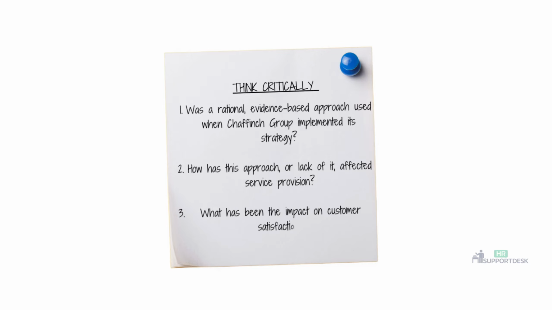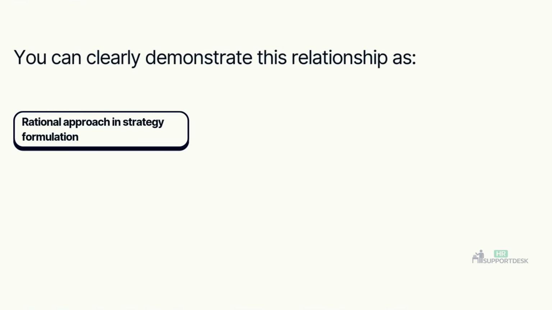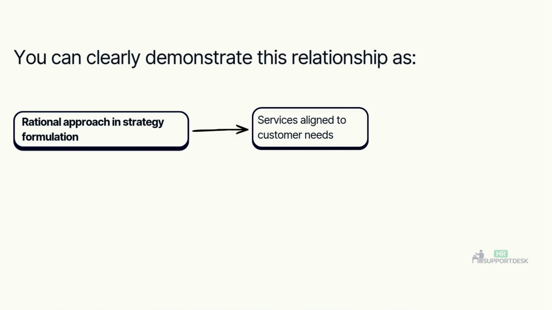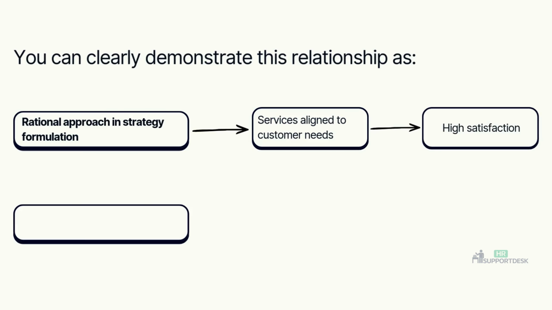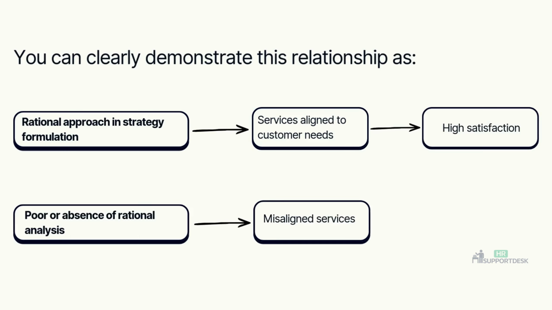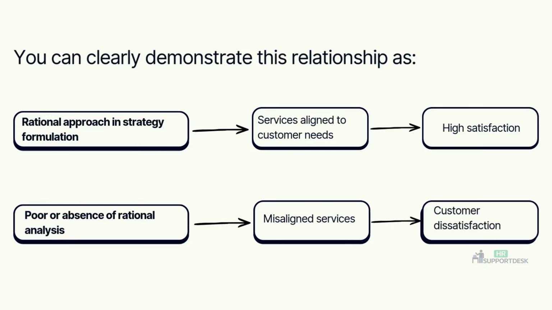What has been the impact on customer satisfaction? You can clearly demonstrate this relationship as a rational approach to strategy formulation leads to services aligned with customer needs, resulting in high satisfaction, while a poor or absence of rational analysis leads to misaligned services, resulting in customer dissatisfaction.